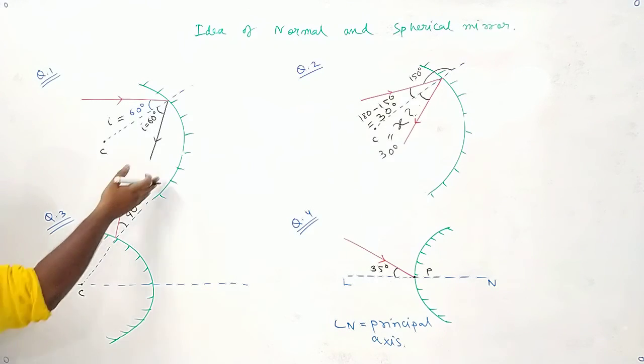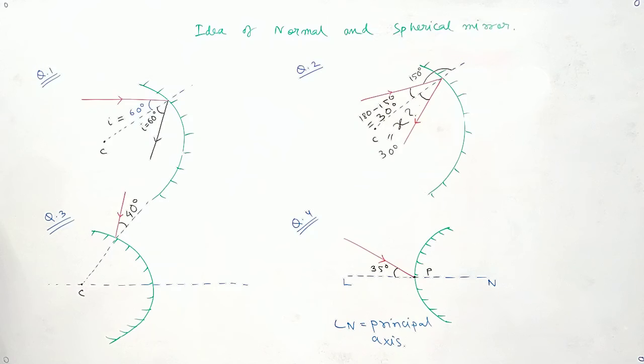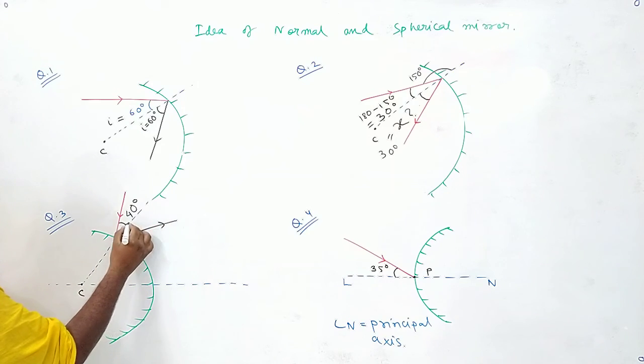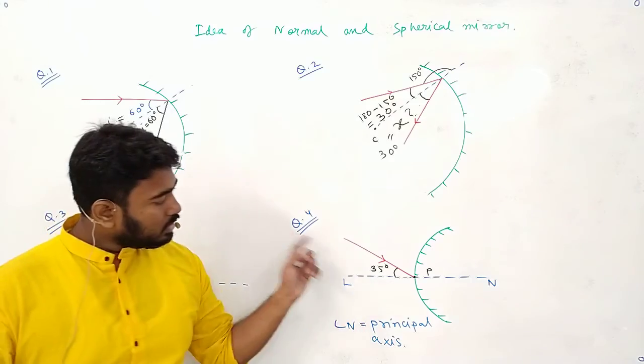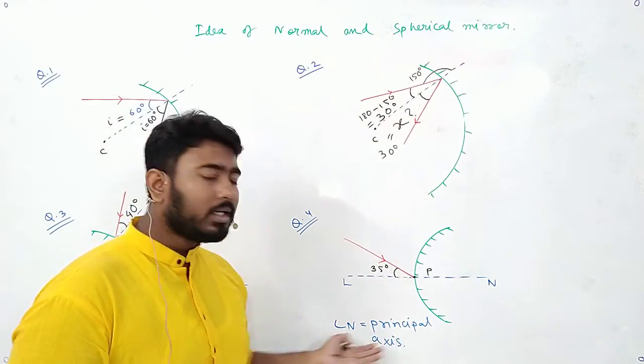The line drawn from C is normal. So if this is 40 degree, it will reflect back at some angle which will also be 40 degree. Easy. Now see, here it has been said LN is the principal axis.